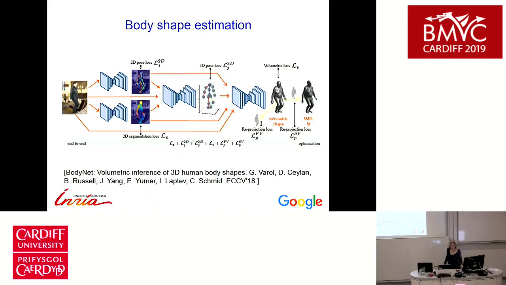And so you can use this to train going from single images to 3D human body shapes. What's interesting here in our approach is that we go from the image to the 3D human body shape, but in order to add some realistic data, we add annotations for 2D segmentation loss and 2D pose loss on real images.